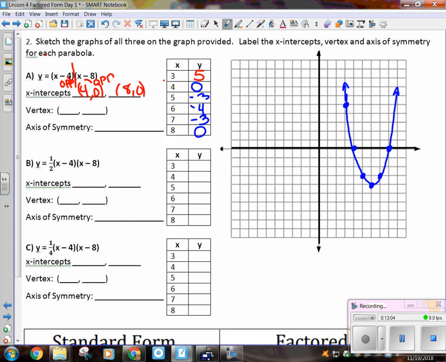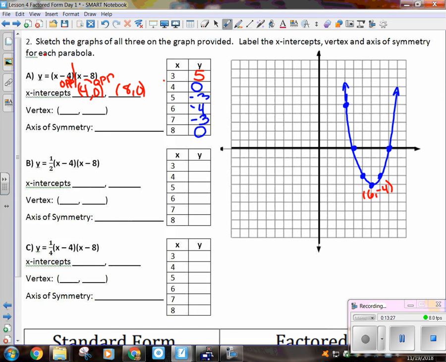Okay. Can anybody tell me where the vertex is? Where is the vertex? Vertex is that turning point. The lowest or highest point. It's like it's over 6, down 1, 2, 3. So 6 down 4.